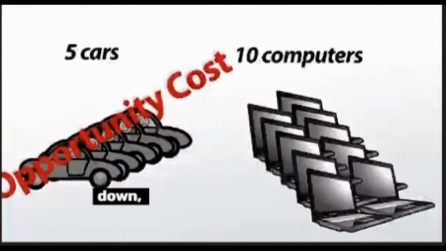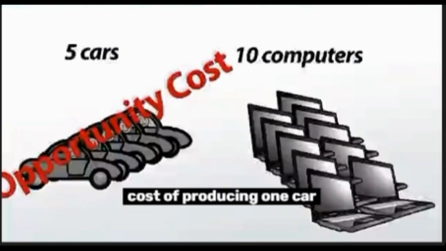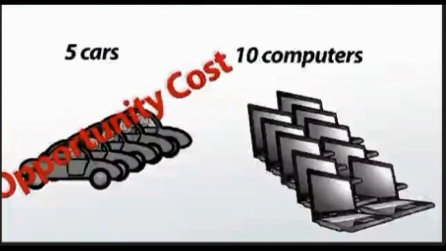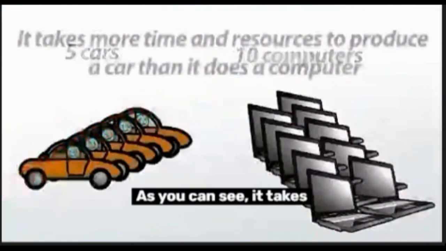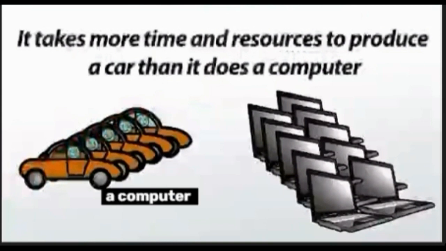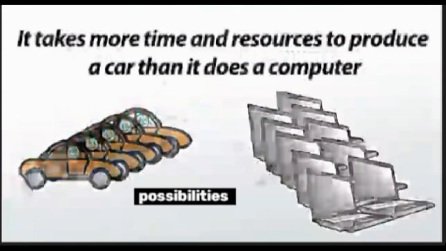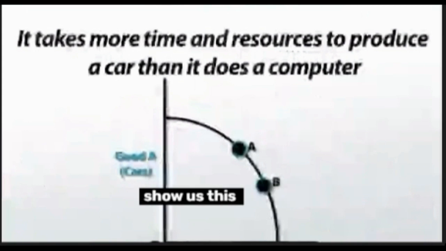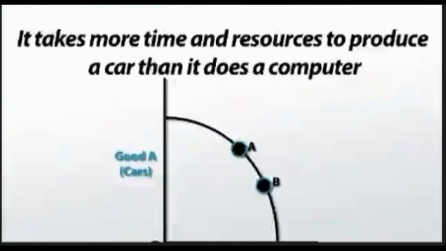By reducing this fraction down, we can say the opportunity cost of producing 1 car is 2 computers. As you can see, it takes more time and resources to produce a car than it does a computer. And the production possibilities model will show us this visually.